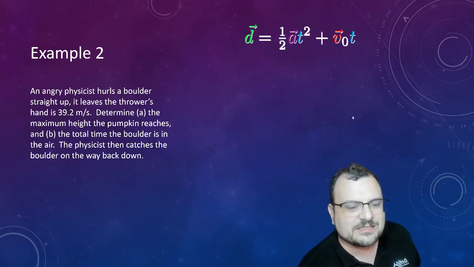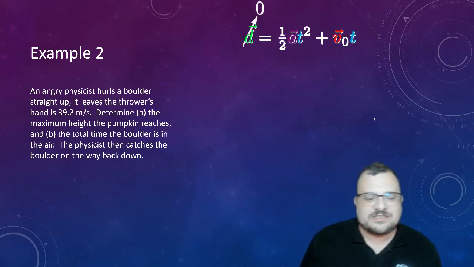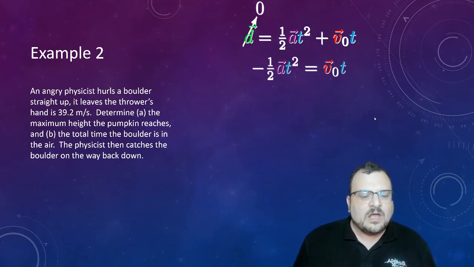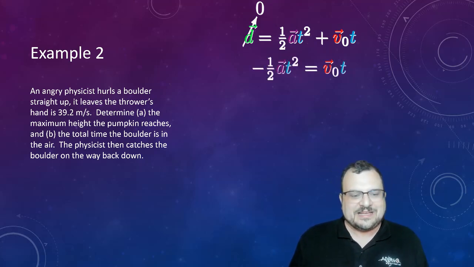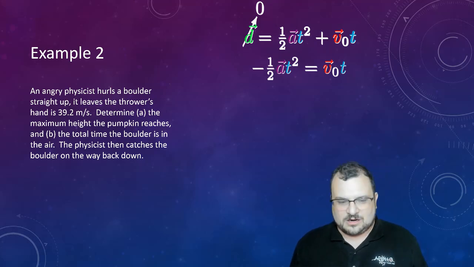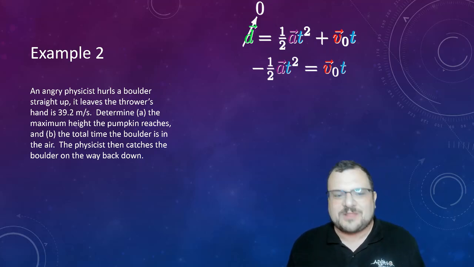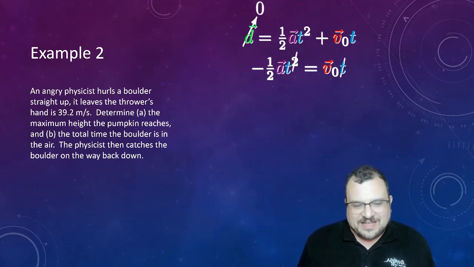So we can take that displacement, make the displacement go to 0, solve for time, and one of the really nice things about this when displacement is 0 or initial velocity is 0 is that gives us a term that goes away so we don't have to end up solving a nasty quadratic.